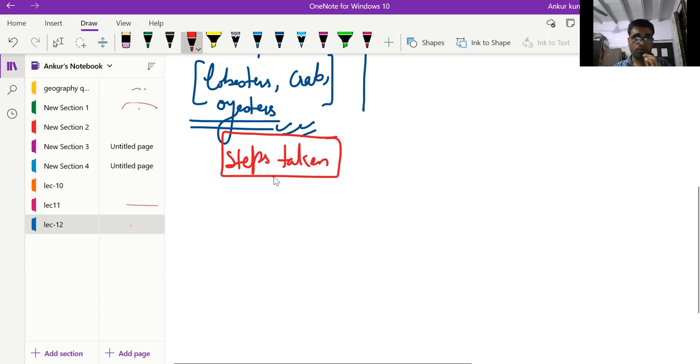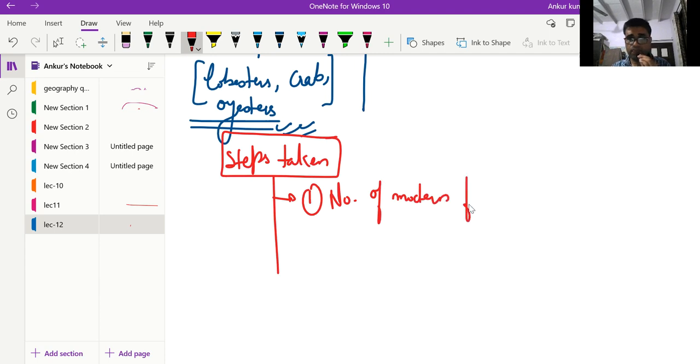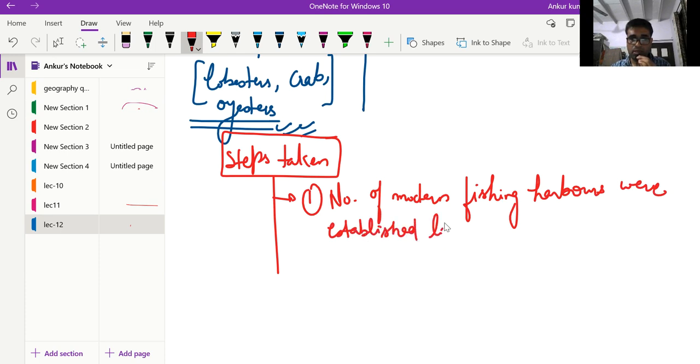So the steps taken were, first of all, number of modern fishing harbors were established. And these include, like, Kochi.